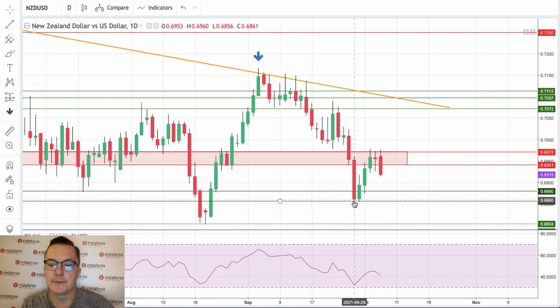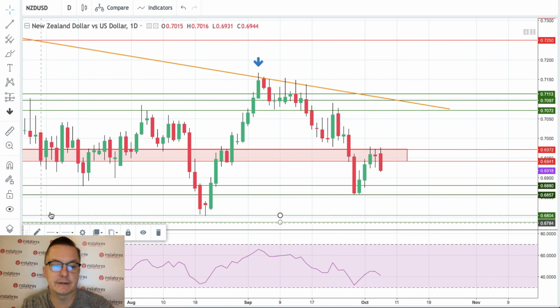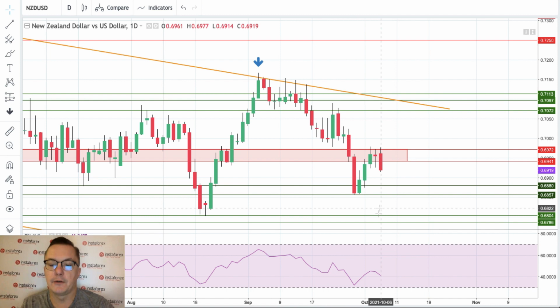So this is our technical support. If there is a breakout below this support, then of course we can go as low as 6,804 and 6,786 pips. So those are the next targets for bears.